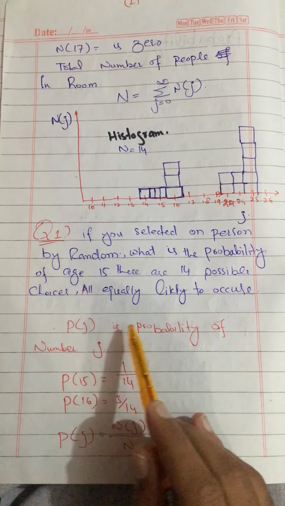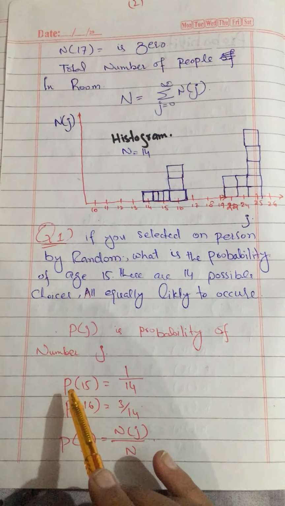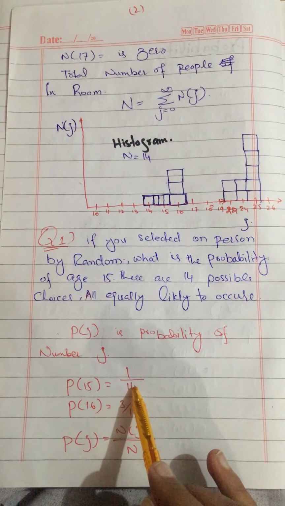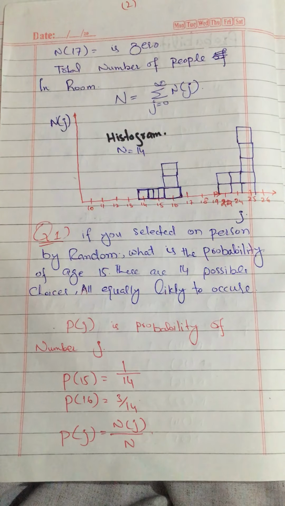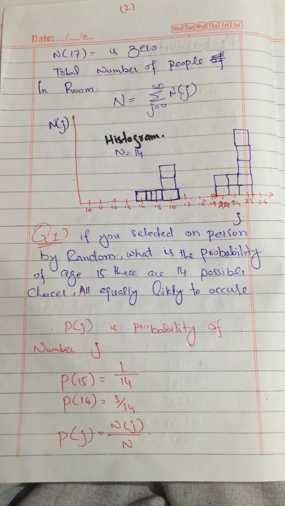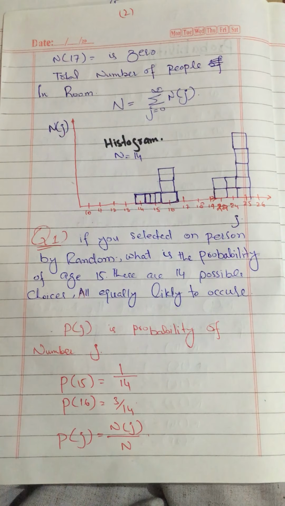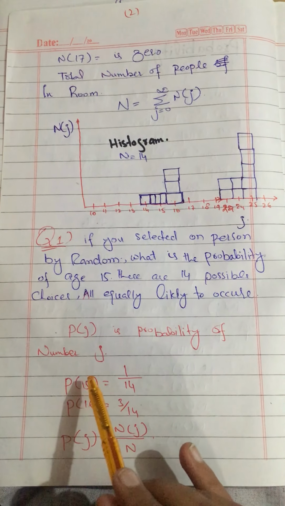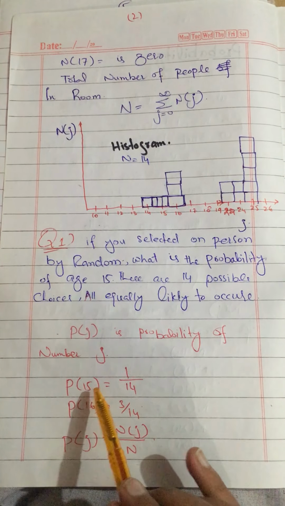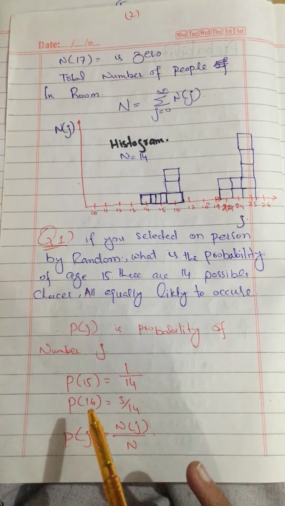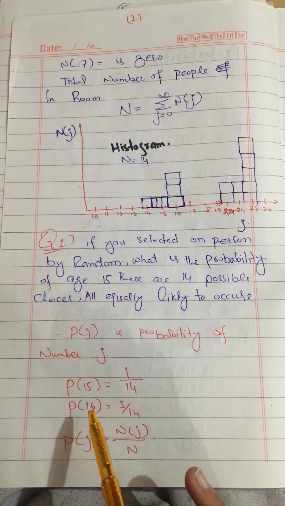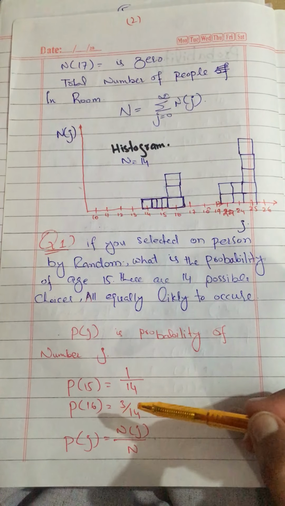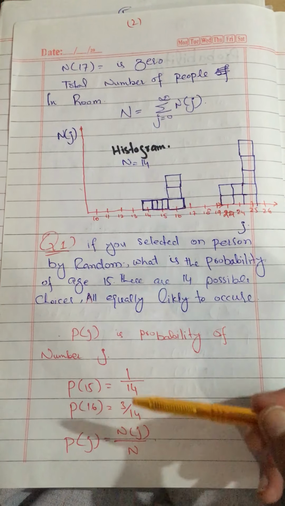The probability of age 15 is the number of persons who have age 15, which is 1, over 14, because the sum of all is 14 and we have to select only one person. So the probability is 1 over 14, because a person of age 15 is only 1 in the room. Likewise, persons who have age 16 are 3 in the room, so the probability is 3 over 14.